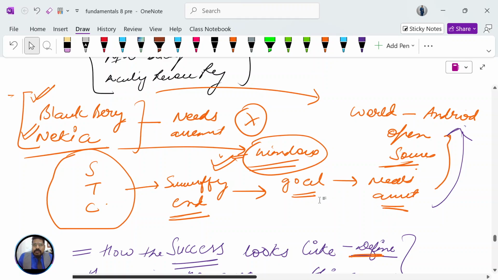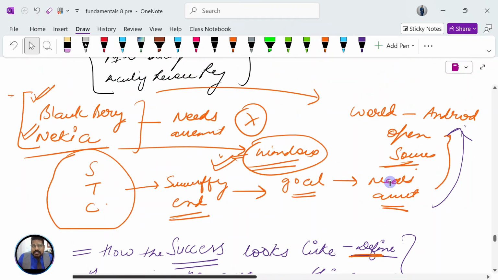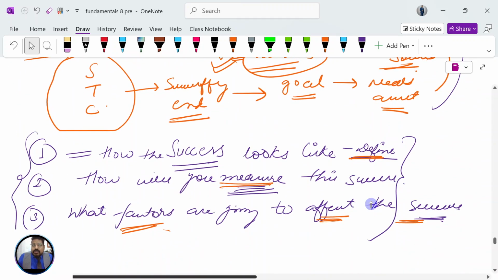So this is extremely important, and hence, as a project manager, you need to always ask three questions: what does success look like, that is the definition; how will you measure the success; and what factors are going to affect the success. For example, in this case of Nokia cell phones, let's say you were working on a Windows Nokia project which was done successfully within scope, time, and cost.